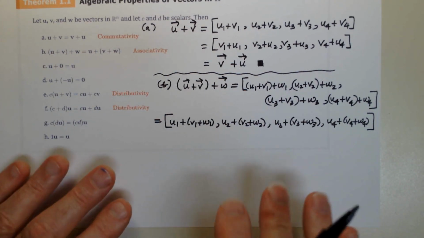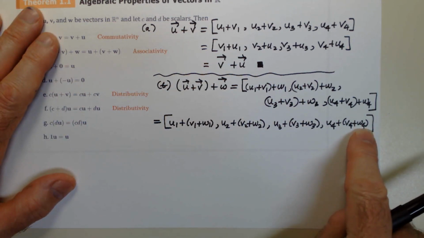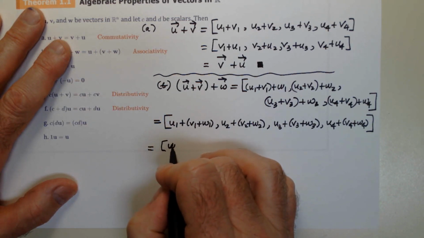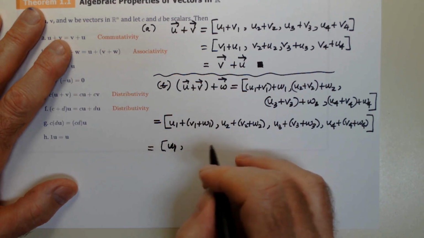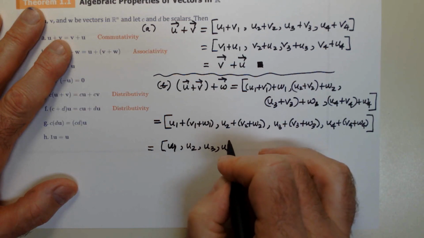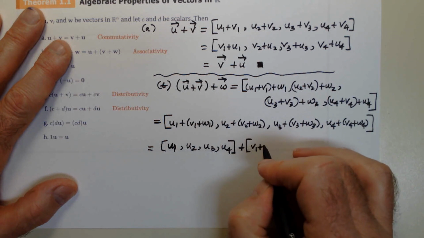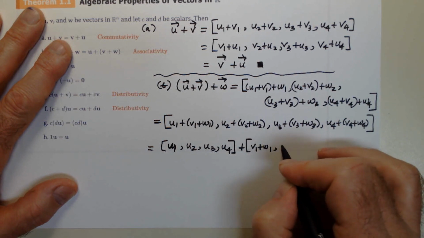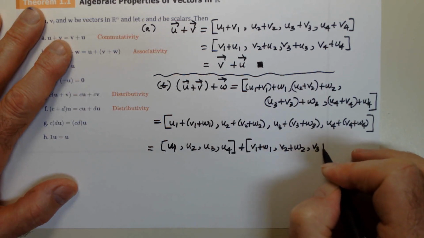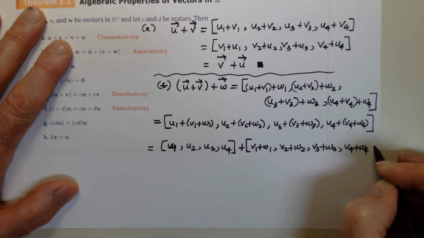Now, I basically have to go through the process of ripping this apart. I have to recognize that this can be ripped apart and written as the vector (u1, u2, u3, u4) plus the vector (v1 plus w1, v2 plus w2, v3 plus w3, v4 plus w4).